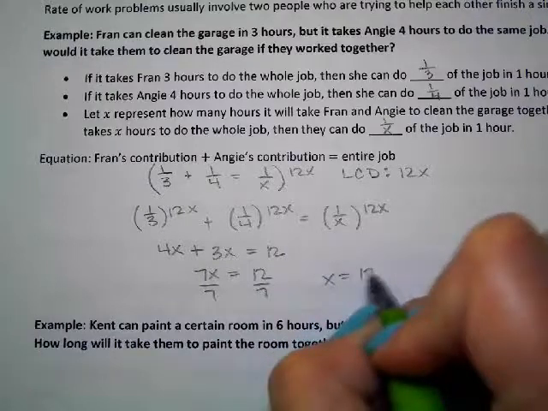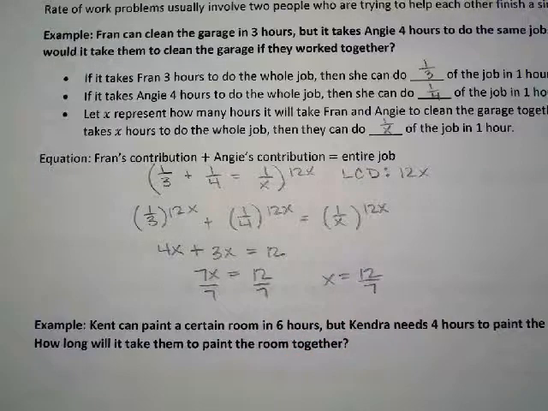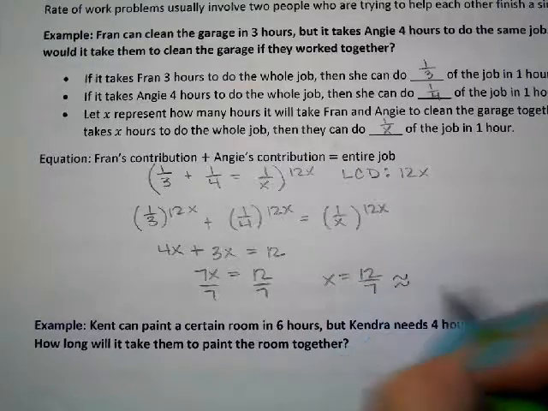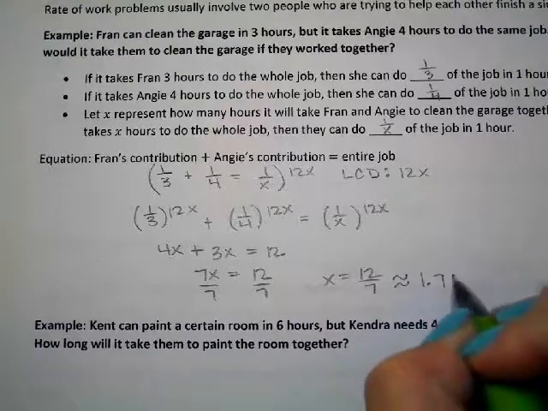x equals 12/7. Now, if you asked me, hey, there's 2 girls cleaning the garage together, how long is it going to take them? And I said 12/7, that would be a ludicrous answer to the question. So most people would want to know in terms of hours and minutes, or at least a decimal answer. So 12 divided by 7 is approximately 1.714, a little over an hour and a half.